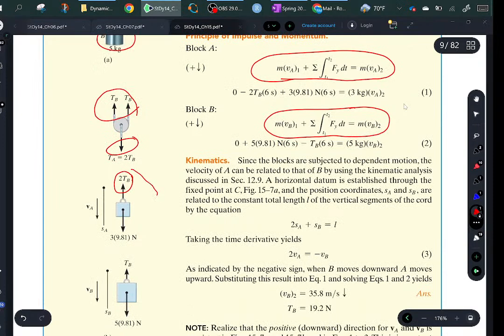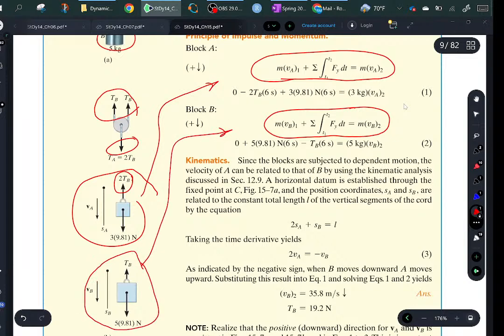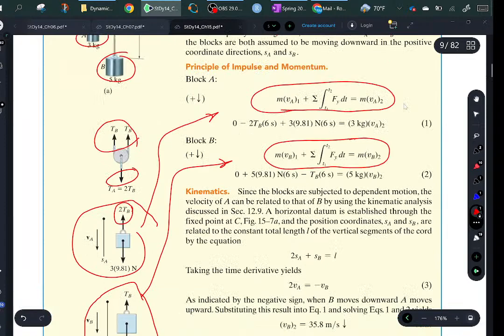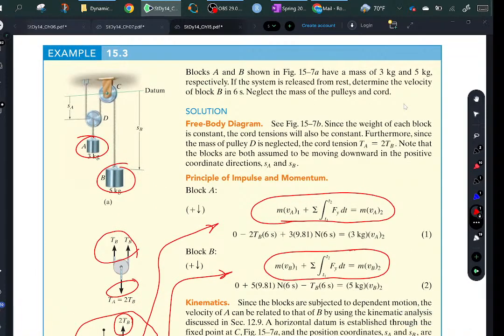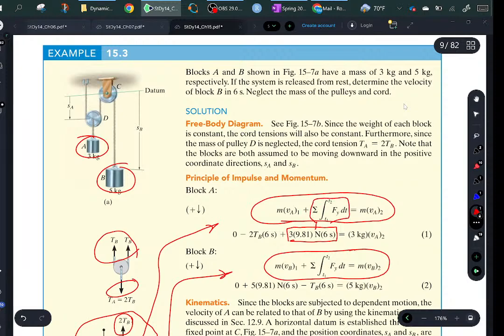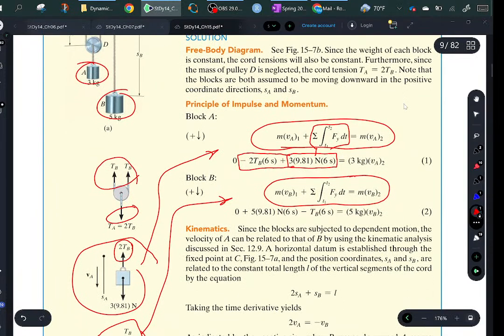So here is for A, I'm looking for B, and all you're noticing here is there's no variable force. This time is in fact this one. And I can include this term in the force too.